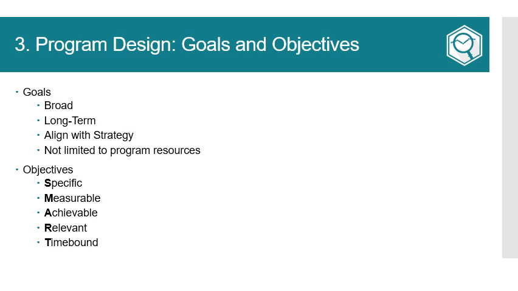Program goals explain the overall intent or purpose of the program. These program goals and objectives should be specific to the program and more immediate term than the strategic goals and objectives that they feed into.